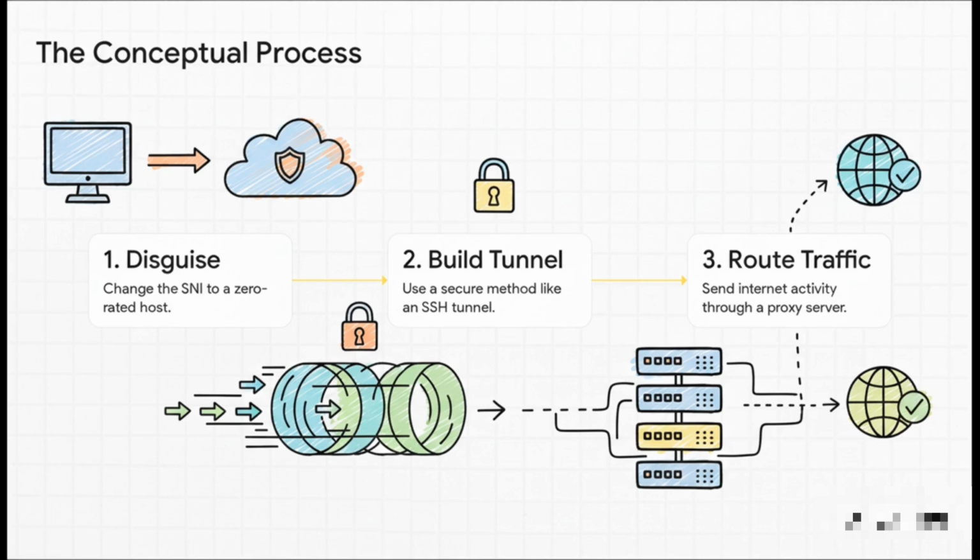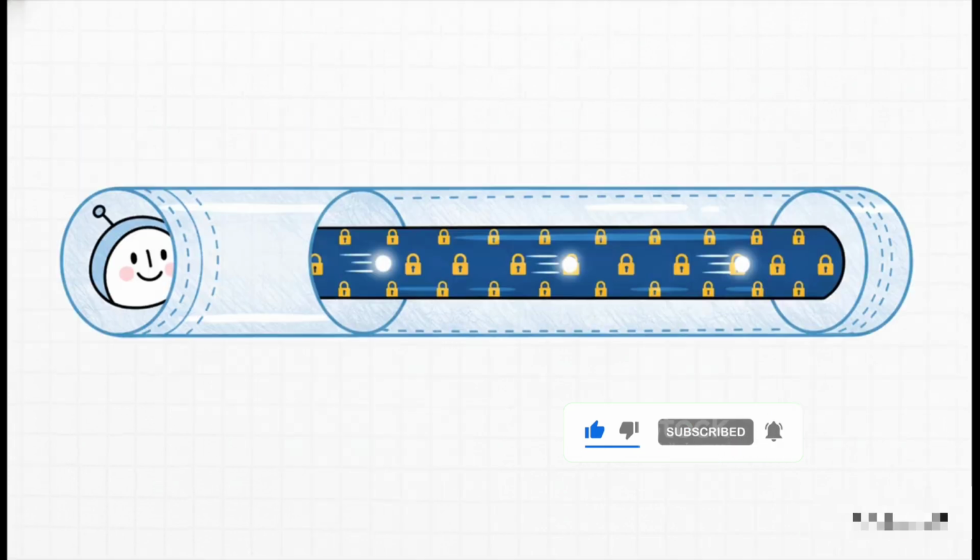Step 2, you build a secure tunnel, maybe using a protocol like SSH, which is kind of like creating a private encrypted hallway. And then step 3, you route all of your traffic through a proxy server, which is basically just a middleman waiting for you at the other end of that tunnel. So what this all does, effectively, is create a totally private, encrypted pathway for all your real data, and it's hidden completely inside that initial connection that the ISP thinks is free.